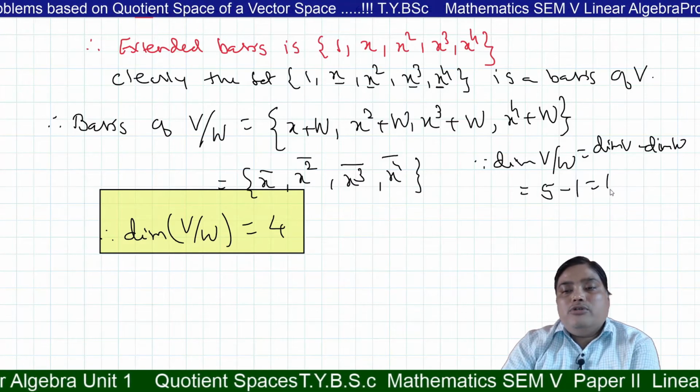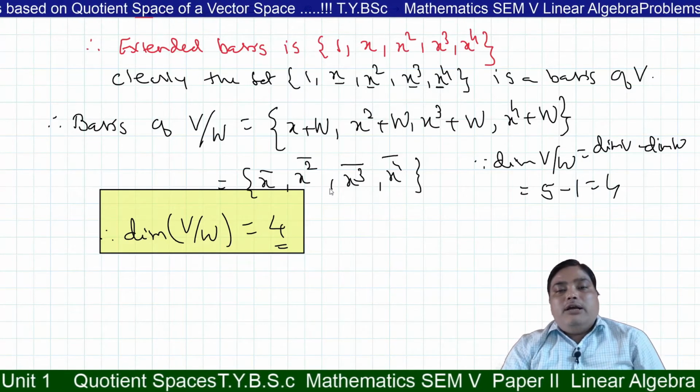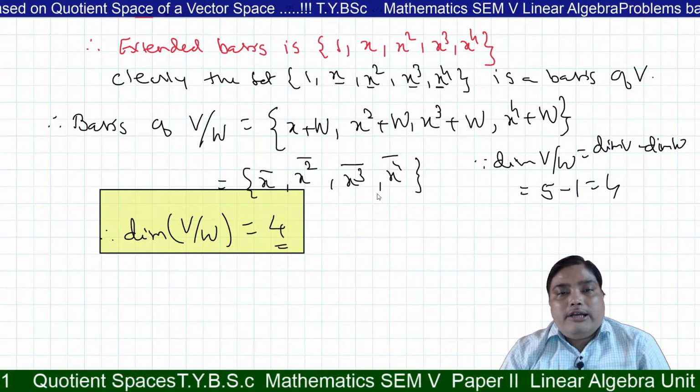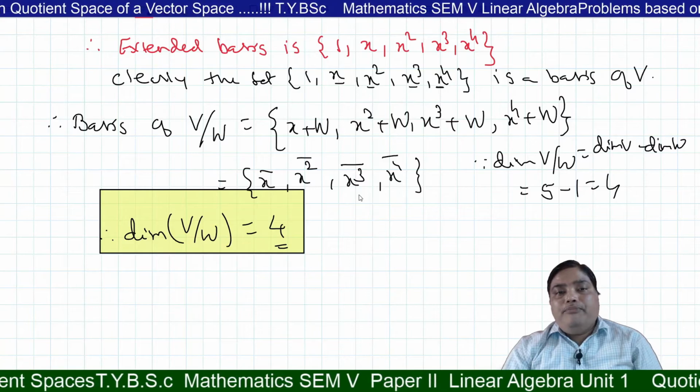Dimension of W is 1, so it is 4. So this is 4 here, and this is the basis: x bar, x square bar, x cube bar, and x4 bar. So this is the solution of the problem.